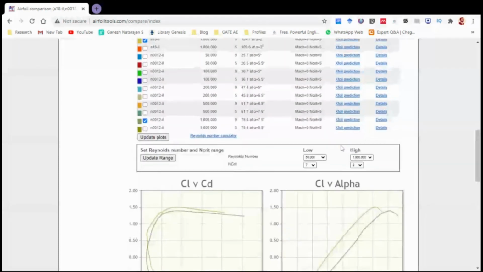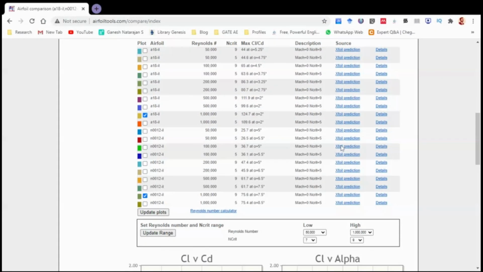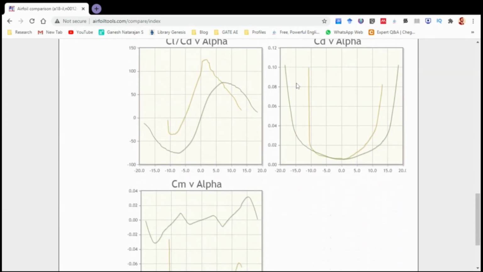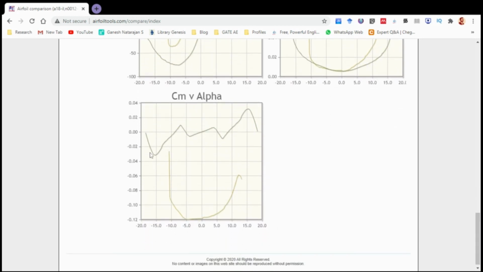Similarly, the drag bucket is also reducing. As I said, the yellow one is the cambered airfoil, and it has a smaller drag bucket compared to the symmetric airfoil.